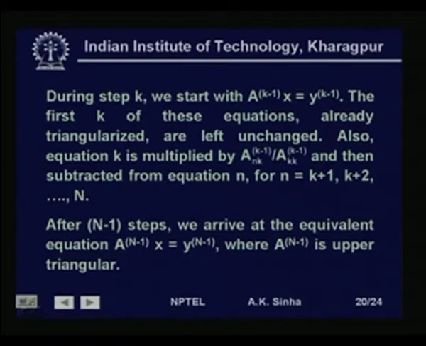So, this is how we process it, and after n minus 1 steps we arrive at the equivalent equation A_{n-1} x = y_{n-1}, where A_{n-1} is the upper triangular matrix. This is the way we work with the Gauss elimination method.